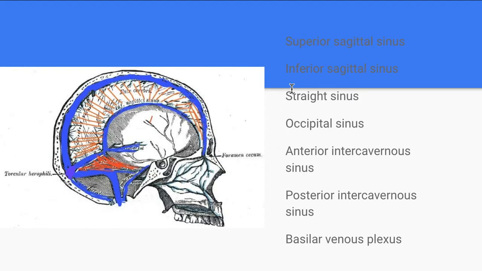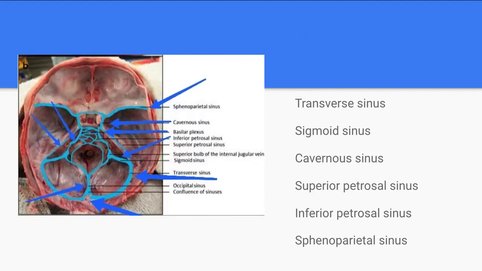The first sinus is the superior sagittal sinus. It courses along the upper border of the skull. The second is the inferior sagittal sinus. Third is the straight sinus. Fourth is the occipital sinus. And in this picture, you can also see the anterior intercavernous and the posterior intercavernous sinus and the basilar plexus of veins. Okay, so these were the unpaired sinuses.